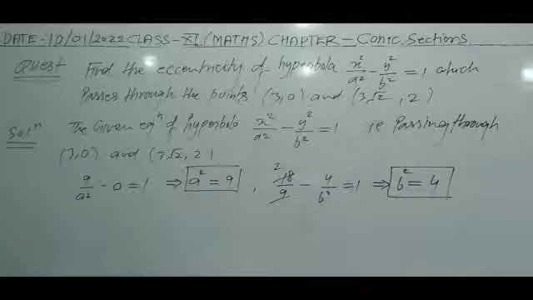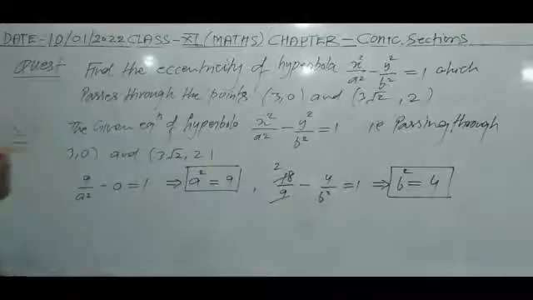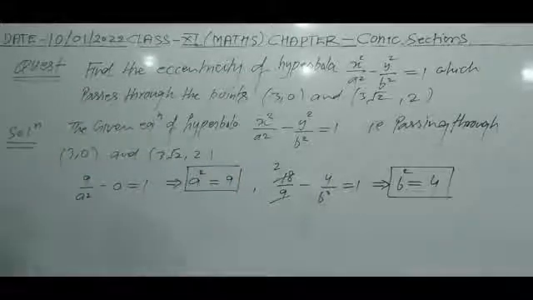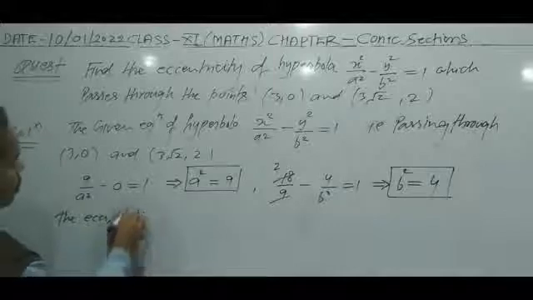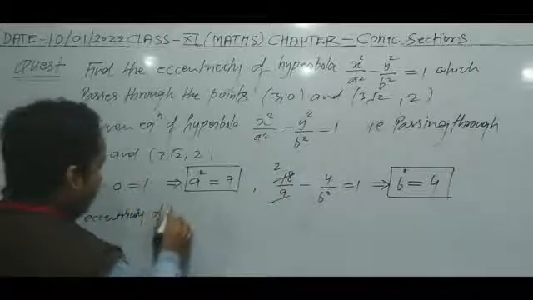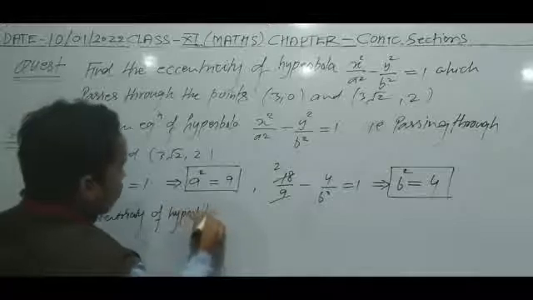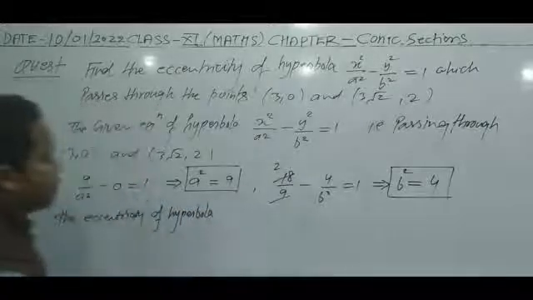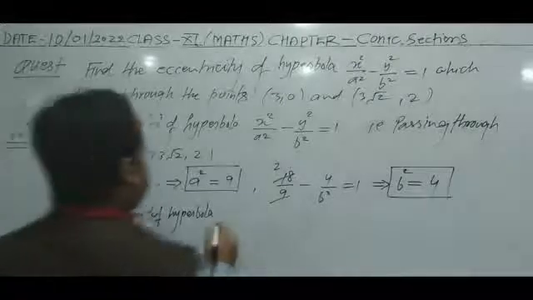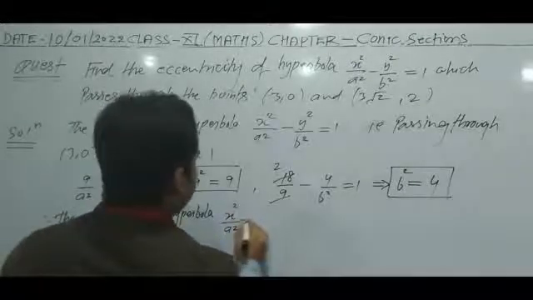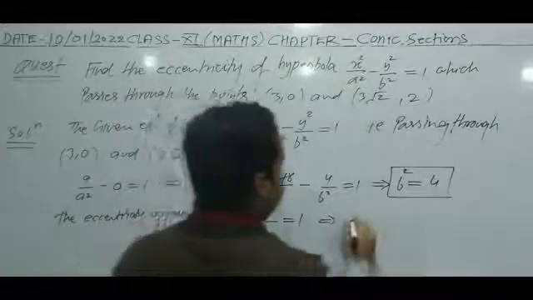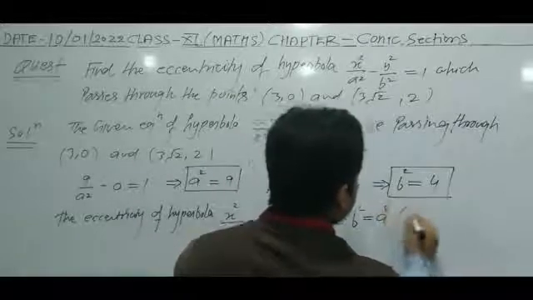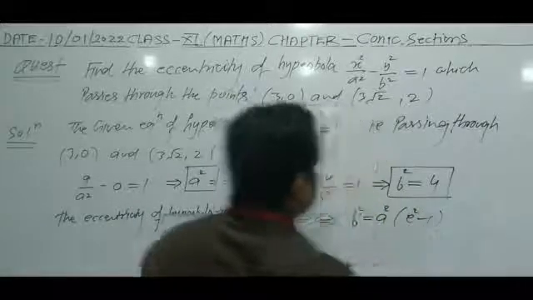Since for this equation x square upon a square minus y square upon b square is equal to 1, the eccentricity is given by b square is equal to a square in bracket e square minus 1.